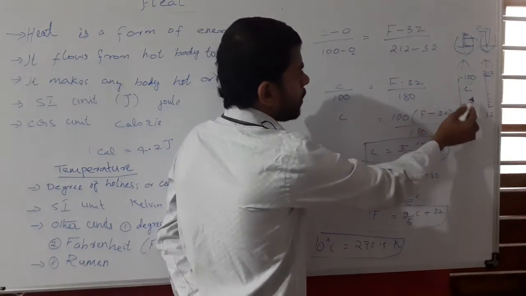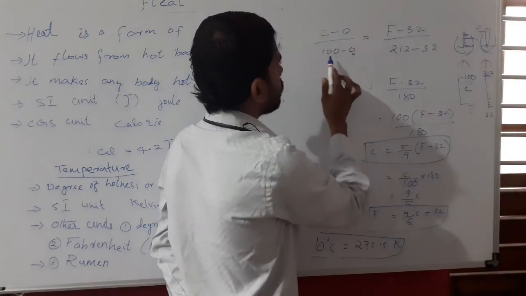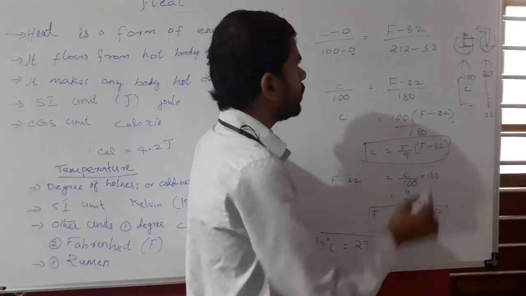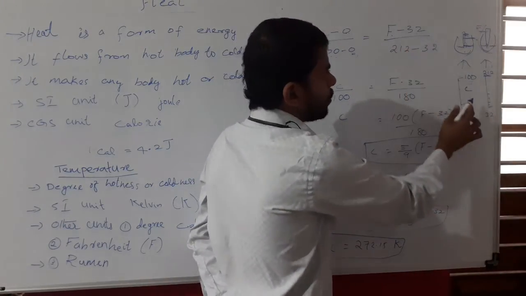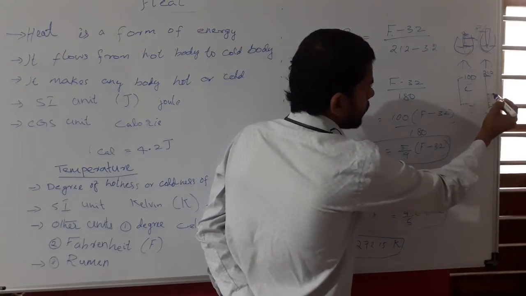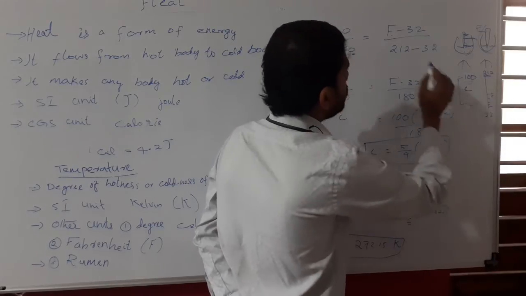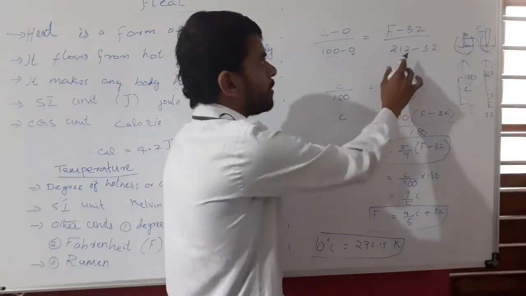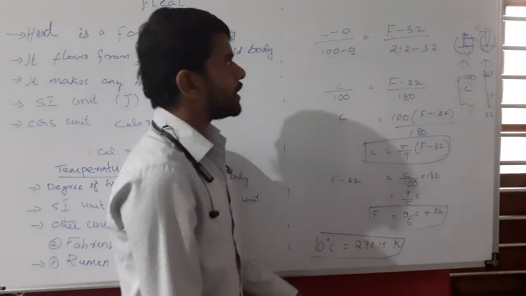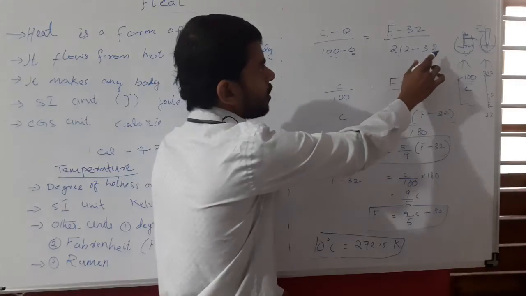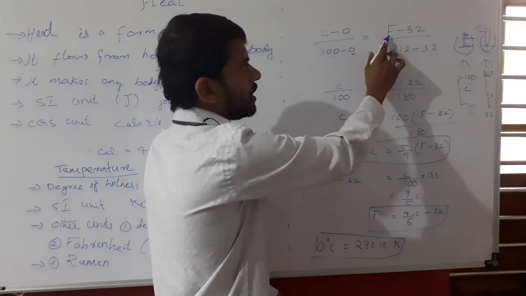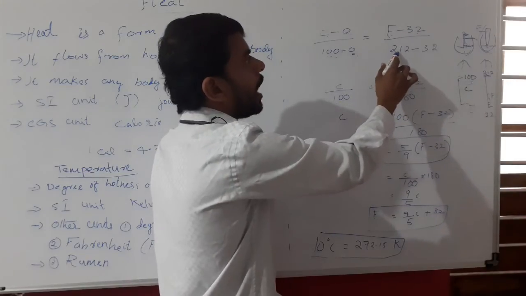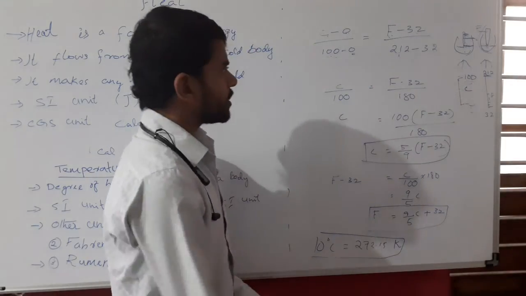So C minus 0 divided by 100 minus 0 will be equal to F minus 32 divided by 212 minus 32. So upper limit minus lower limit. Here, temperature at that particular time minus lower limit, divided by upper limit minus lower limit.